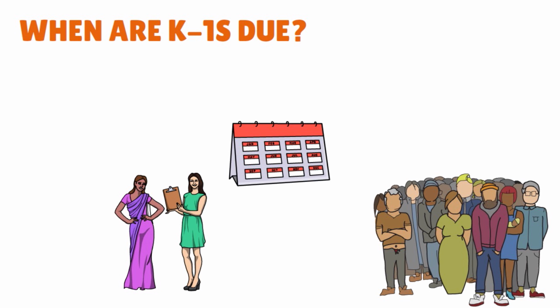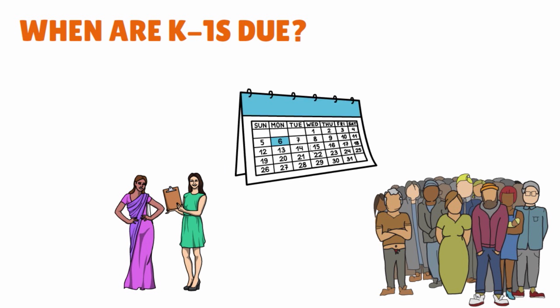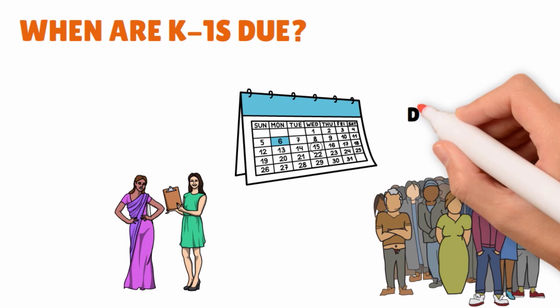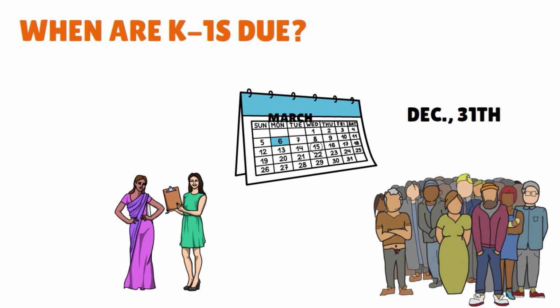Generally, it's the 15th day of the third month after your tax year ended. For most calendar year businesses with tax years ending December 31st, that date will be March 15th. Or if your tax year ends September 30th, your due date will be December 15th.